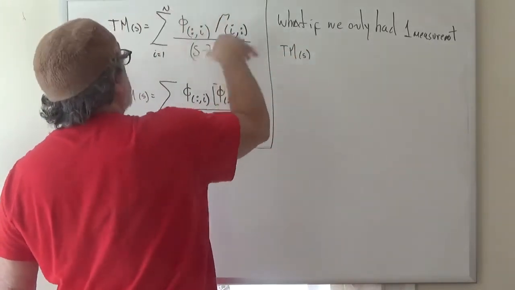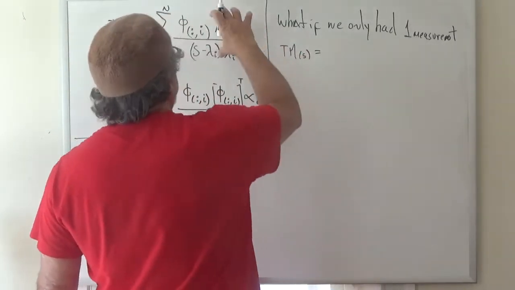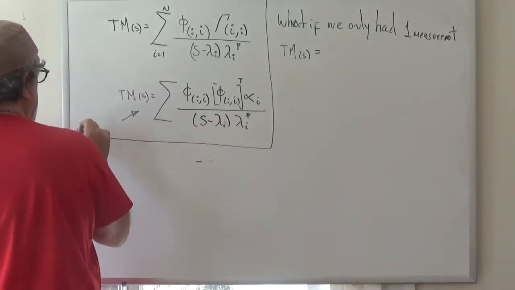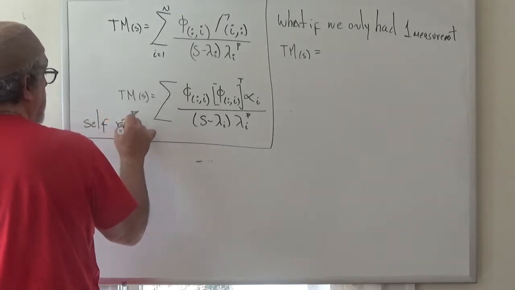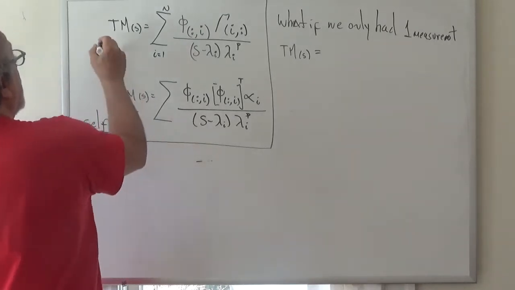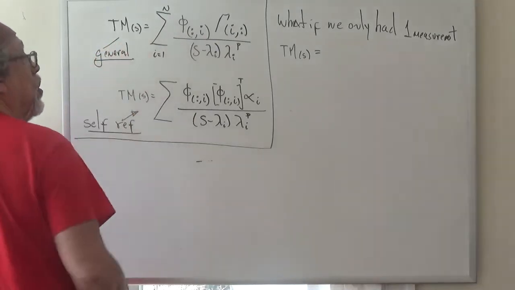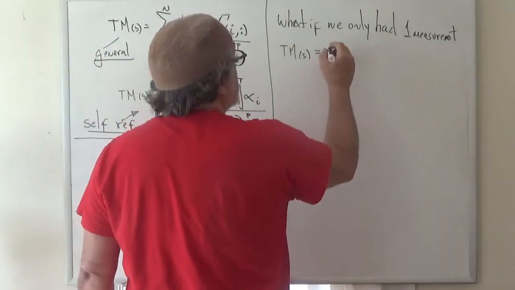Because this was not just for self-reference, this is the general expression. It's just that if it's self-referencing, that was symmetric. And so this is the one that's self-referencing, right? This is in general. So if we only had one measurement, we have to use this one because we obviously don't have self-referencing.